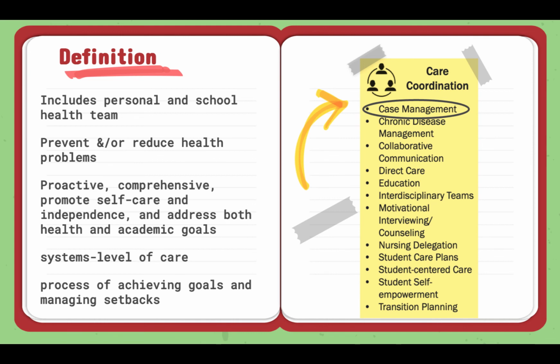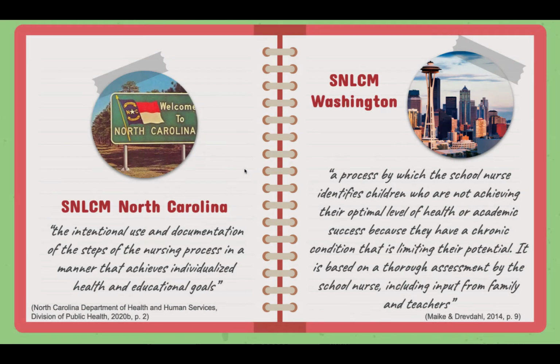So as I mentioned, North Carolina and Washington both were already carrying out case management in their school settings. And North Carolina has a very robust school health program in their state. They have six regional state level nurse coordinators, where we don't even have one.